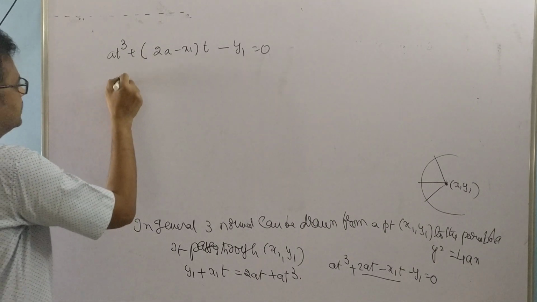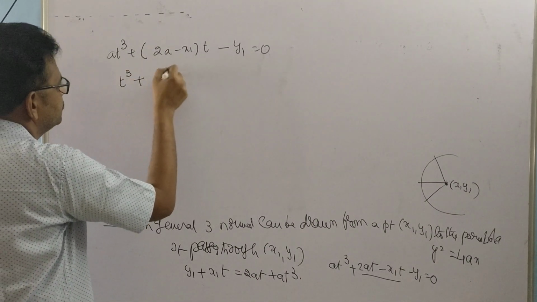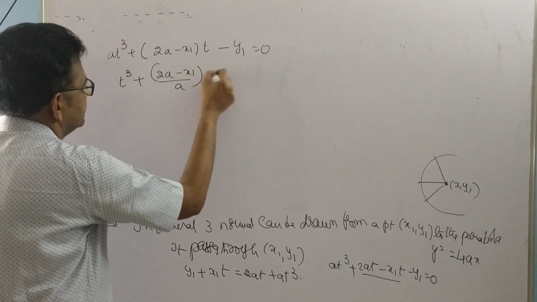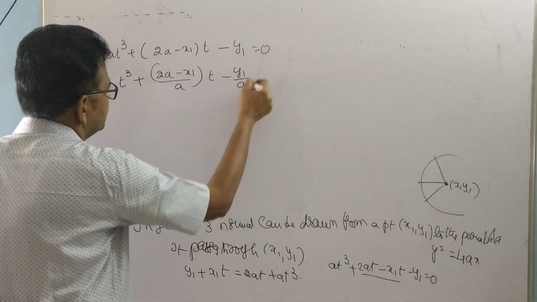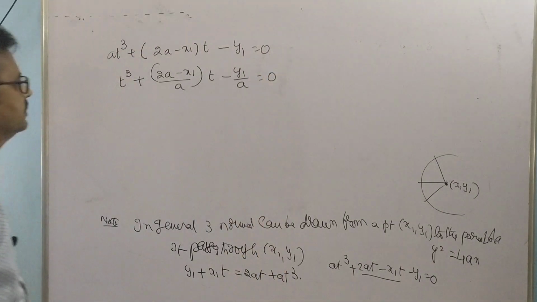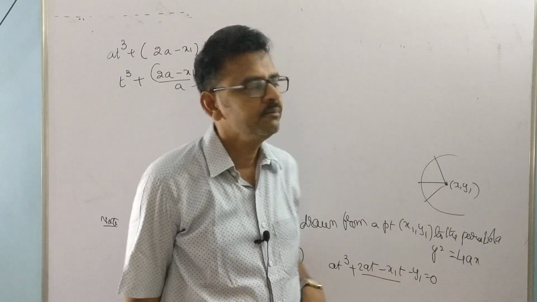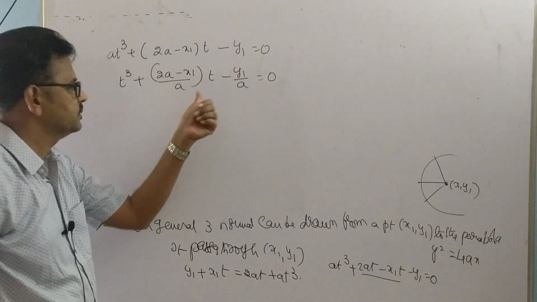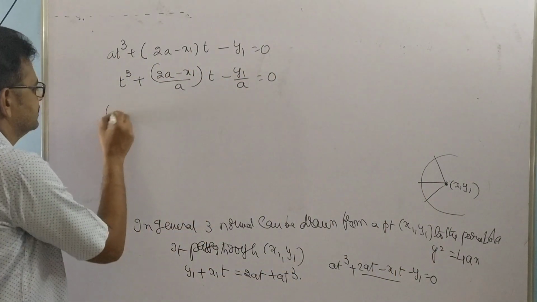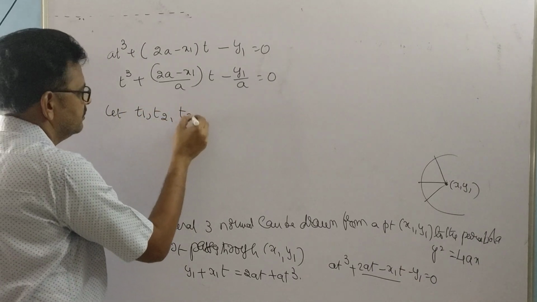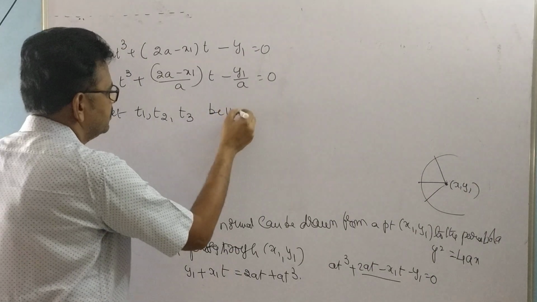So this is t cube plus (2a minus x1) by a into t minus y1 by a equal to 0, which is a third degree equation in terms of t. So it has three roots. Let t1, t2, t3 be the roots.